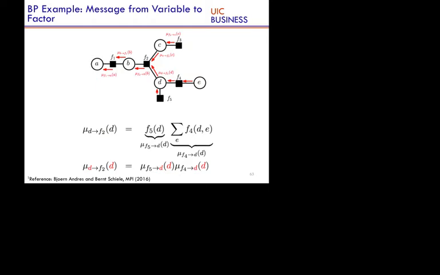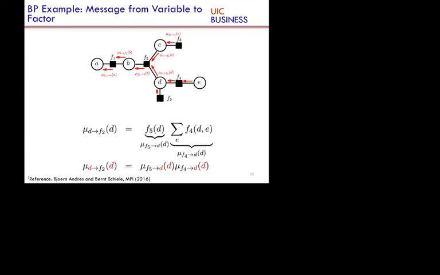So this function or this message was, if you look at the previous two slides, just phi of D times the sum over E of f4 of D comma E. That's how I defined this message. Okay. Now I'm going to call this phi of D a new message name.